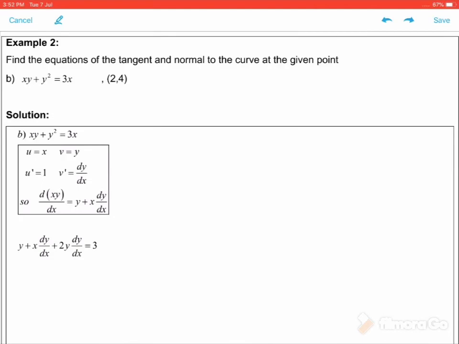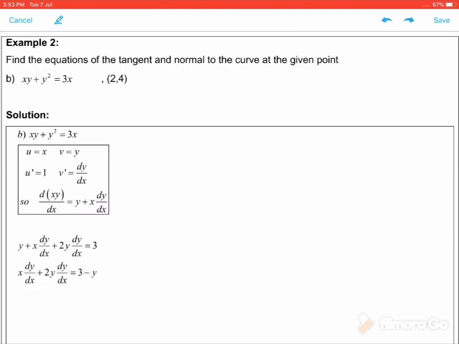Okay, after we differentiate, we try to leave all the dy dx on the left hand side. So x dy dx plus 2y dy dx is equal to 3 minus y. We move the y to the right hand side.